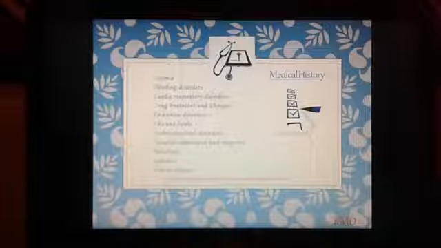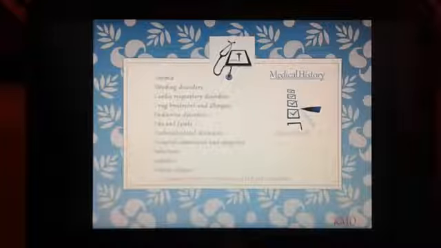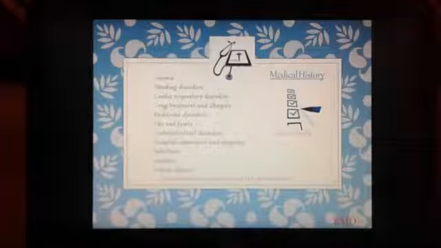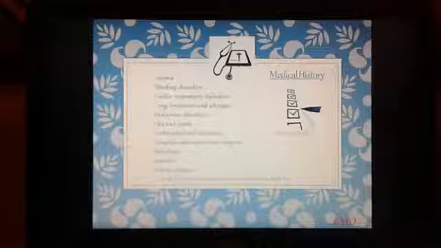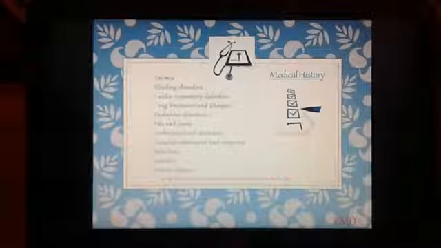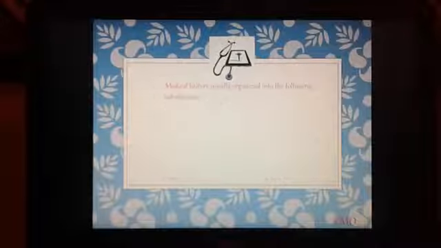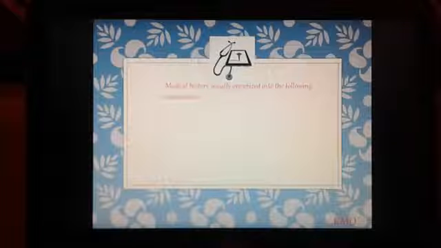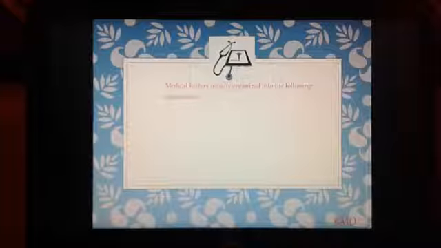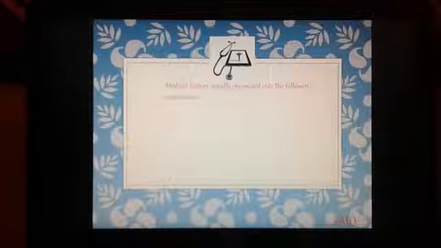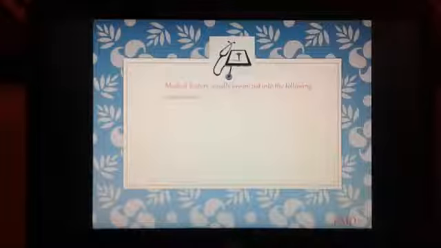And of course, antibiotic prophylaxis is needed in case of bacterial endocarditis. Fortunately, the medical history is organized into the following subdivisions to avoid further confusions which have been created by a lot of people earlier.